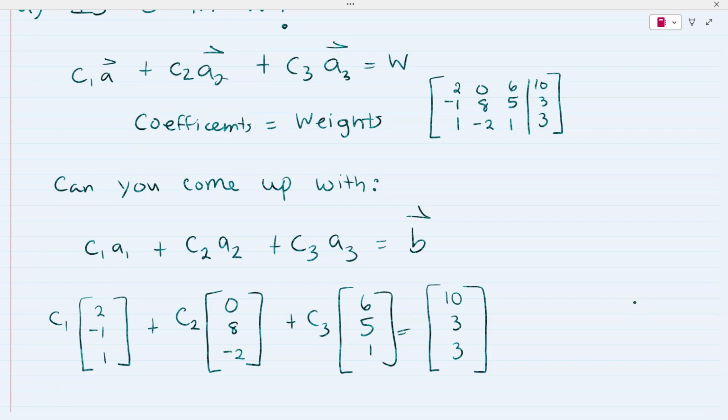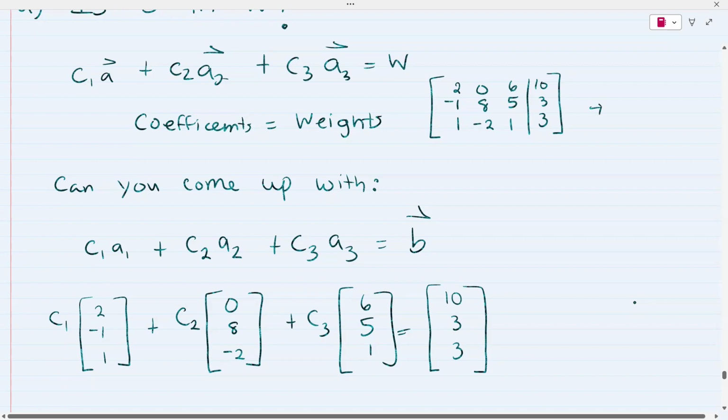So what would I do first? Let's make this -1 into a 0, right? So how would I do that? So that's row 2. To make this -1 to 0, you're going to do row 1 plus 2 times row 2, right?